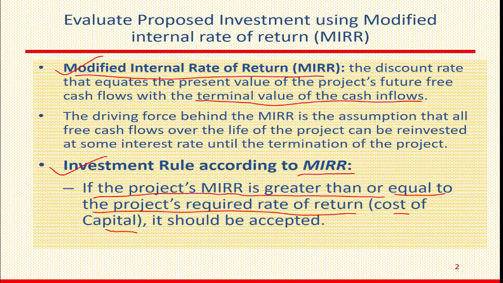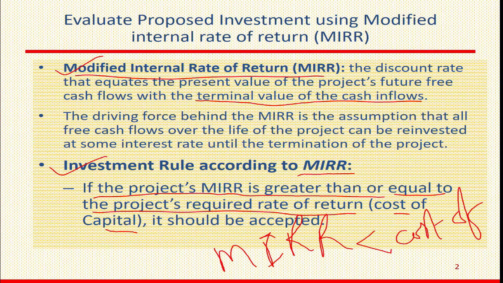Inversely, if the project MIRR is less than the cost of capital, then you don't take that investment, because the return on your investment is less than what you have to pay for the fund you borrowed to finance the project.